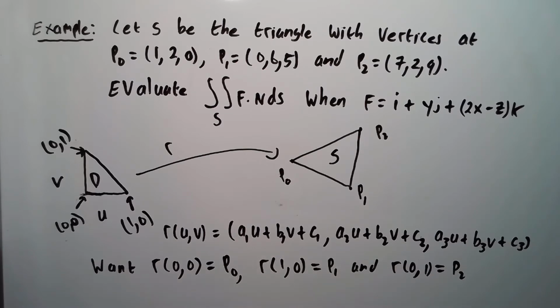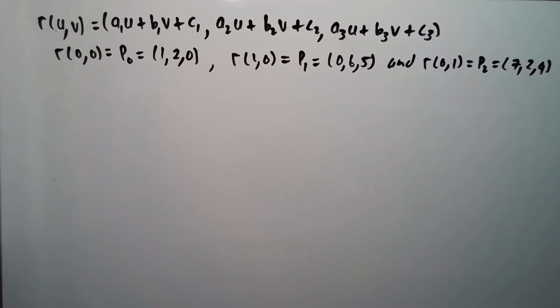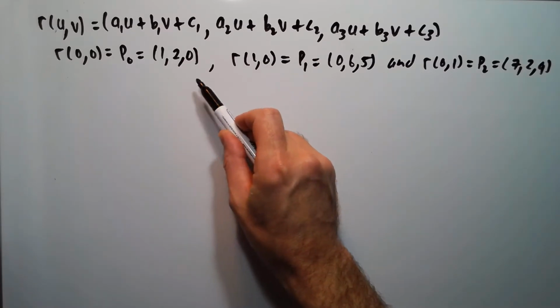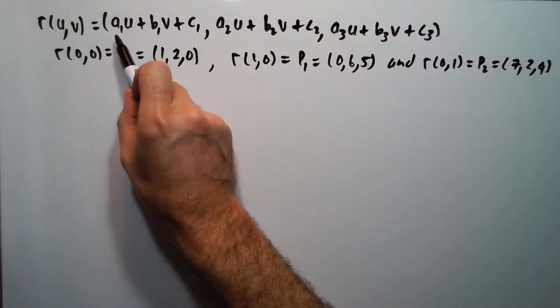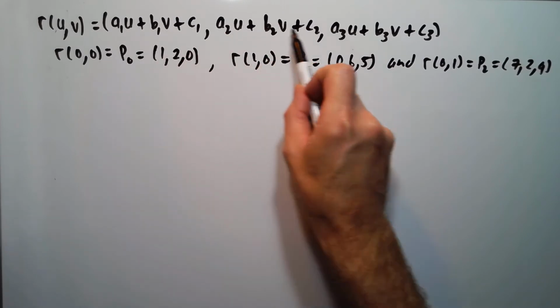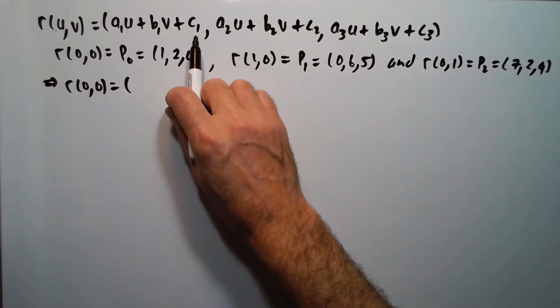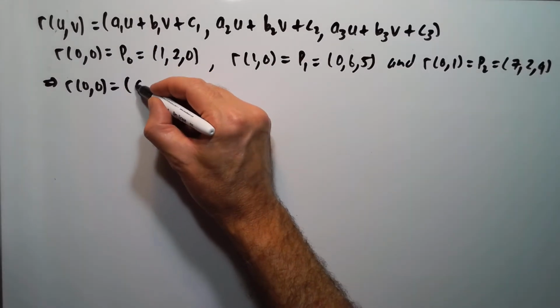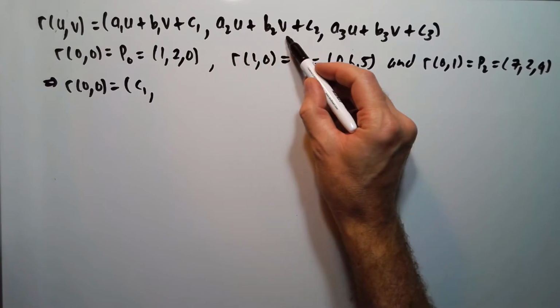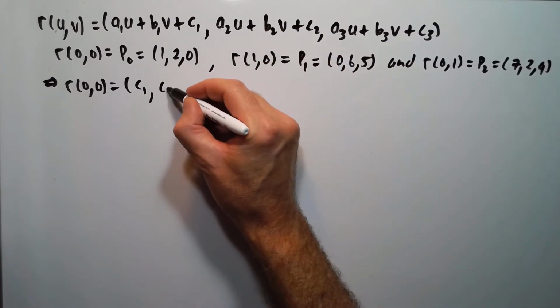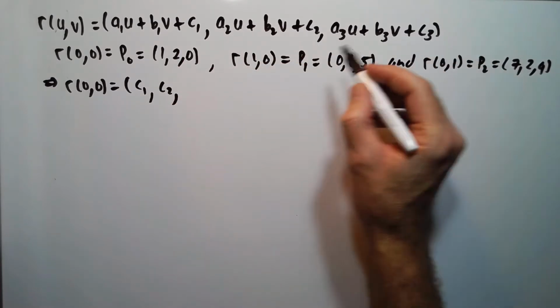Okay, so let me erase a few things here. Okay, so we have this. Looking at the first one, we're going to put 0 for U, 0 for V everywhere up here. So putting 0 for U and V, you'll just have C1 in the first component, C2 in the second, and C3 here.